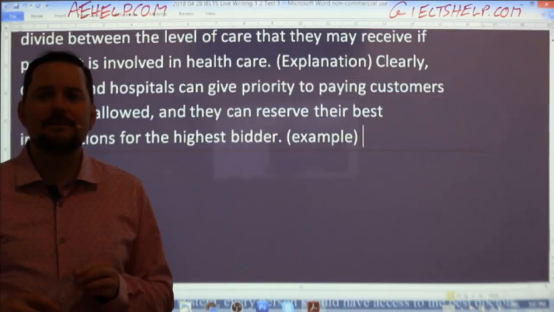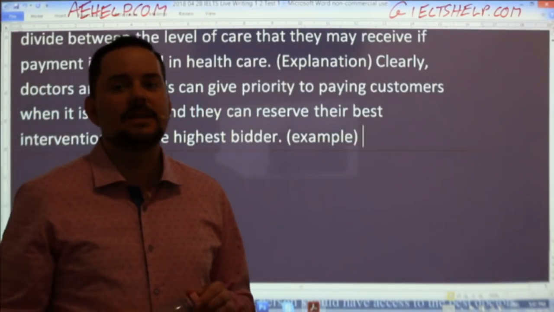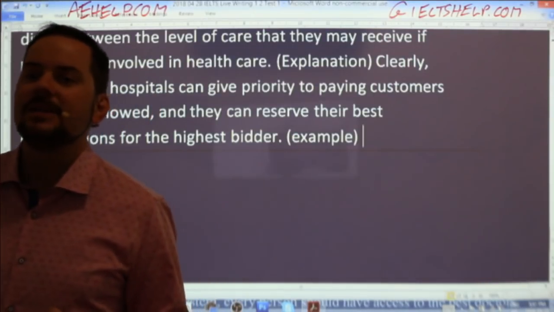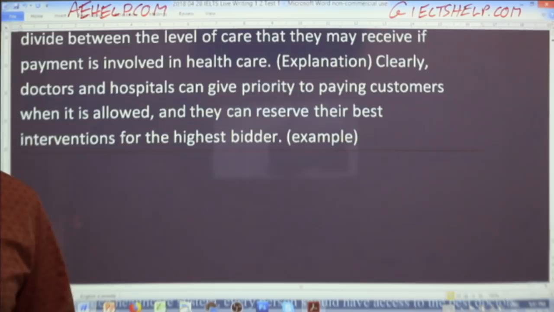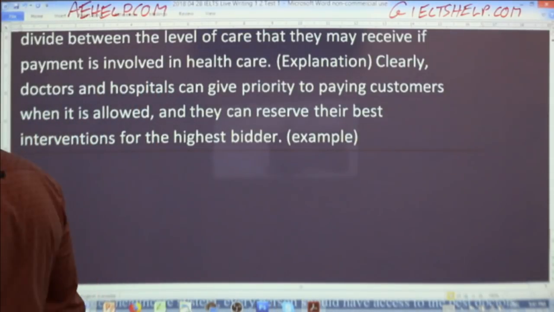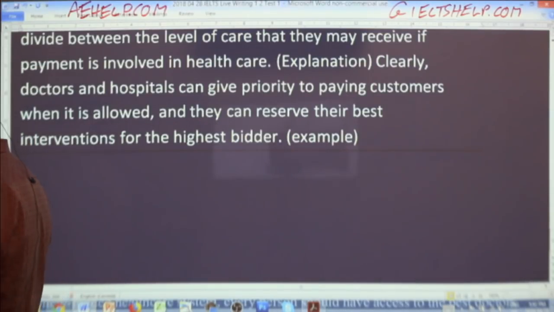Ike says, for example, many refugees cannot pay for better treatment, but they are also human beings and deserve to be treated as such. You just need to finish that up. Sem, good. Chemotherapy may be denied to poor people as they are not able to afford it. Sure, so chemotherapy is a good example. A heart transplant is a good example.